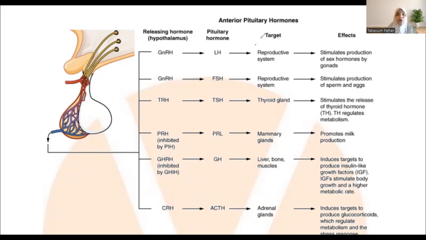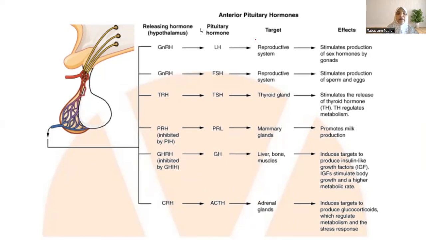So these are the hormones produced by the adenohypophysis of the pituitary gland. You have to remember and memorize all these releasing hormones by the hypothalamus and their effect on the pituitary gland.